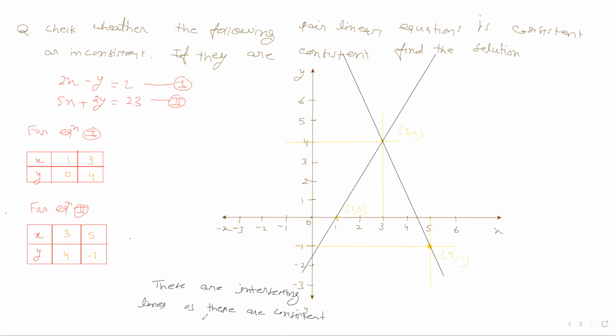And the solution is x equals 3 and y equals 4. In the last graph, the solution was a very high point. That's why I didn't show it in the graph. It was out of the board. Okay, so here it's clear now.